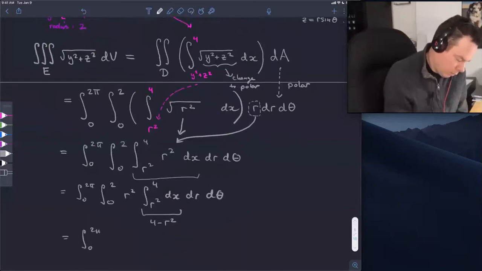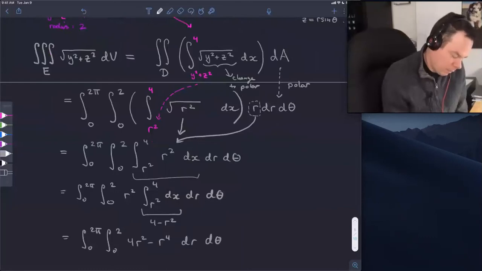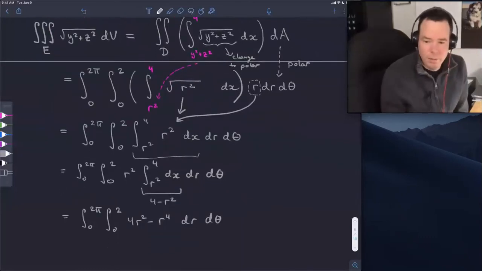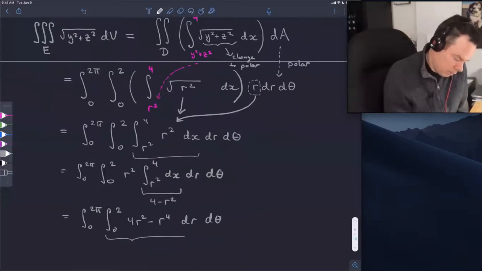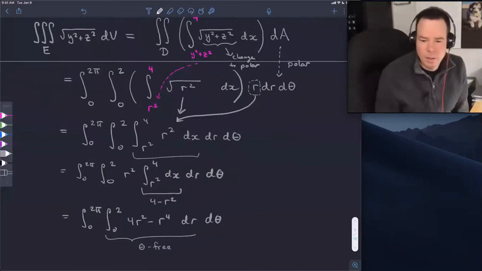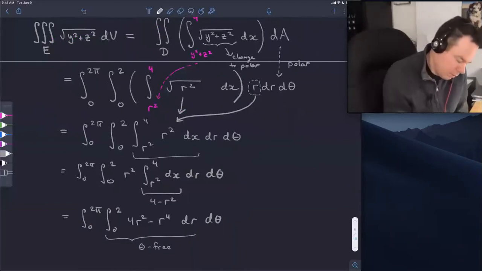And so then we have the integral from 0 to 2 pi, the integral from 0 to 2 of 4r squared minus r to the 4th dr d theta. Notice there's no theta anywhere, so this is theta free, and that means it's a constant relative to theta.